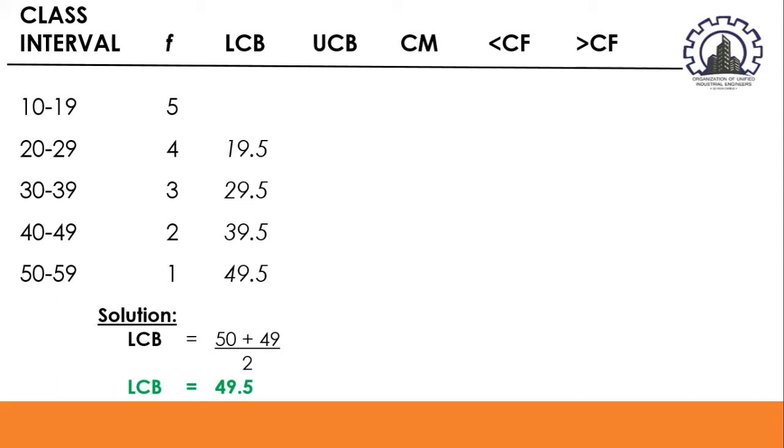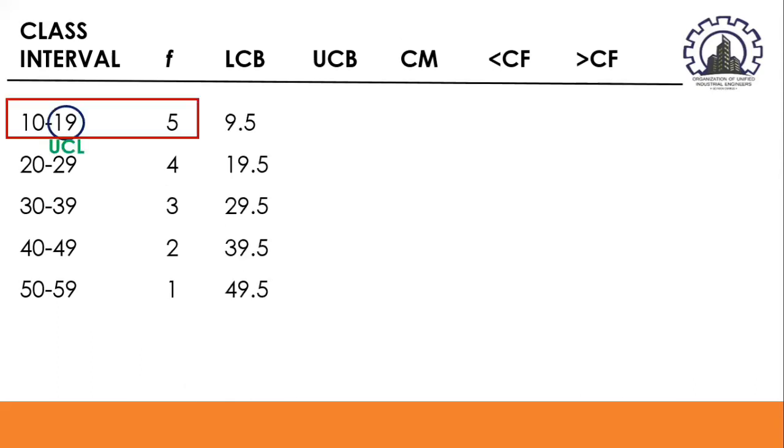Therefore, in order to get the LCB of your first class interval, that's going to be 10 plus 9 divided by 2, so that's going to be 9.5.